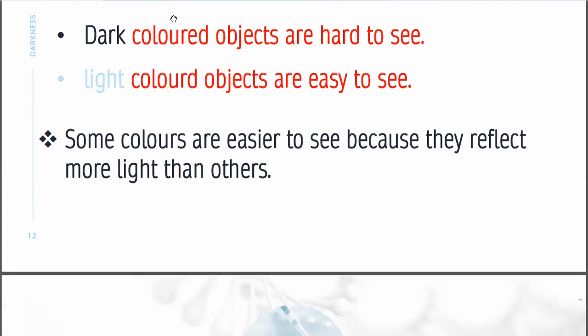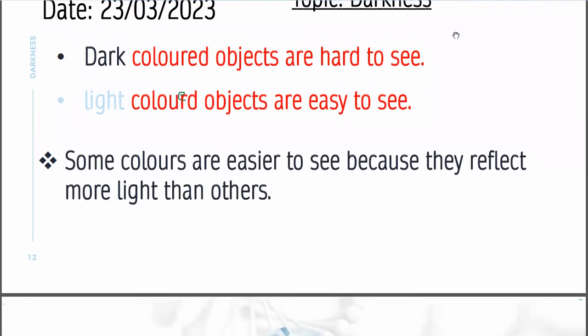Okay, here after R, E will come. Some colors are easier to see because they reflect more light than others. So this is what you have to write in your science notebook.